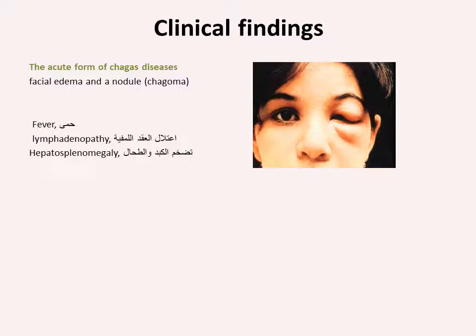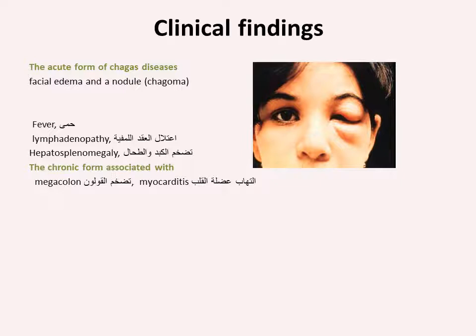The acute phase resolves in about 2 months. Most individuals then remain asymptomatic, but some progress to the chronic form with myocarditis and megacolon.